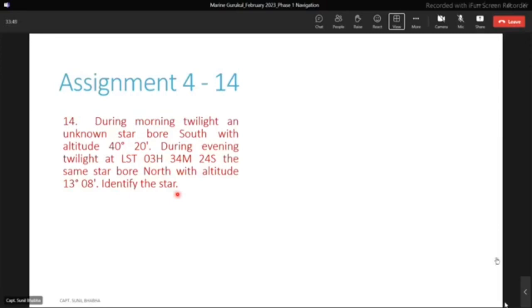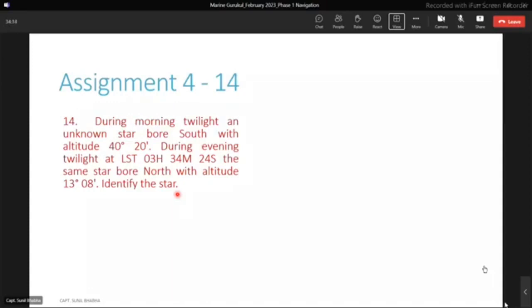Now, before we start solving this question, I would like to explain the basic concept, or the basic procedure, which we follow in all these celestial navigation based questions. The basic thing to be done is, number one, draw the rational horizon diagram.